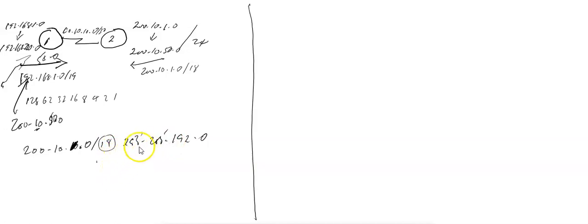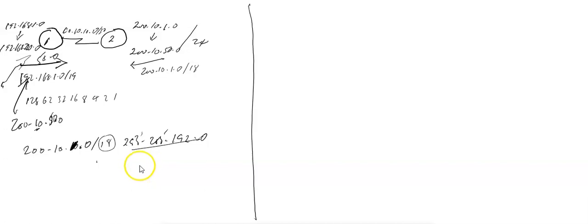For router 1 to determine that, it will calculate what we refer to as the wildcard mask from this given subnet mask. The wildcard mask is the reverse of the subnet mask. Don't forget, subnet mask follows a particular pattern, that is a string of 1s followed by a string of 0s.